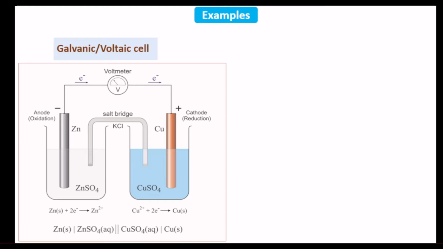Here the zinc electrode is corroded, and the copper electrode becomes heavier, you can say fatter. In the total cell reaction, you can see zinc solid becomes zinc sulfate aqueous solution, and the copper sulfate aqueous solution becomes copper solid.